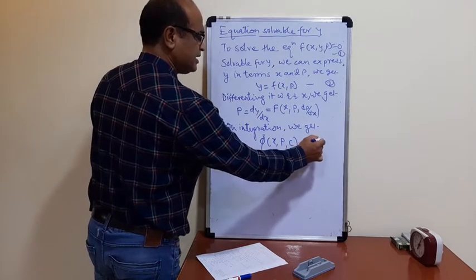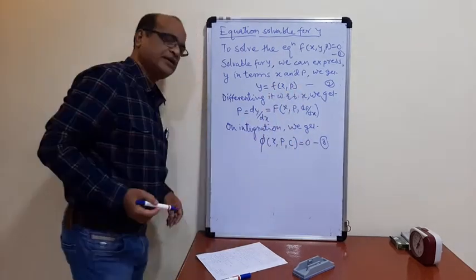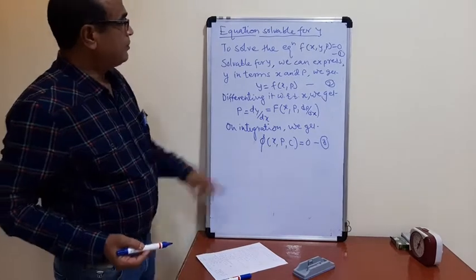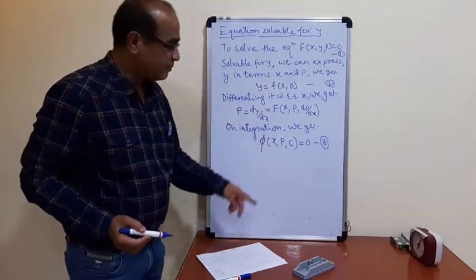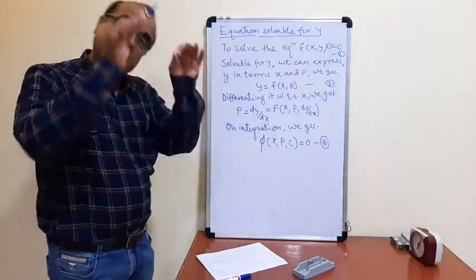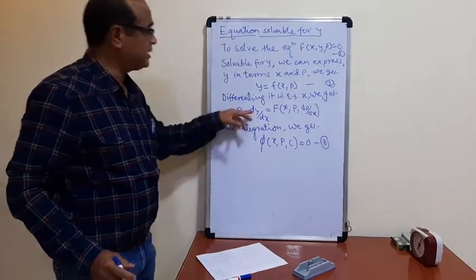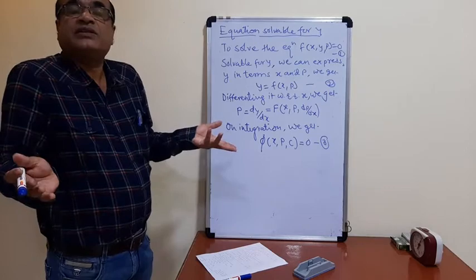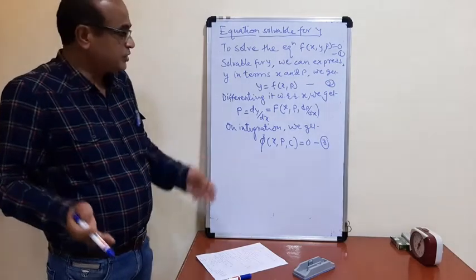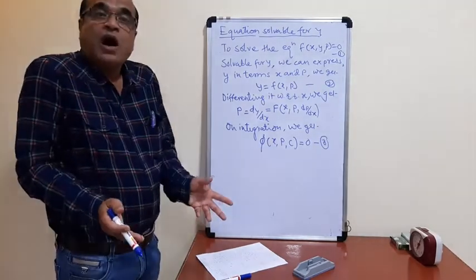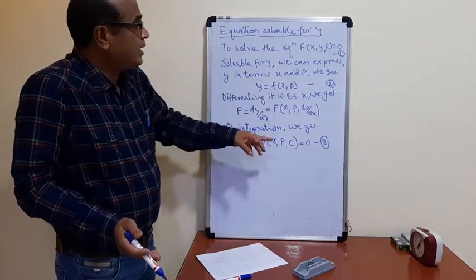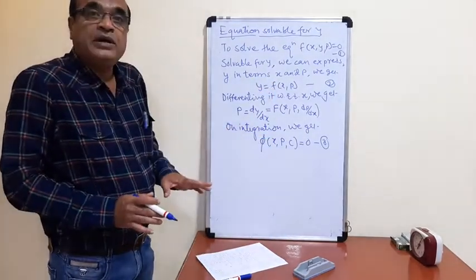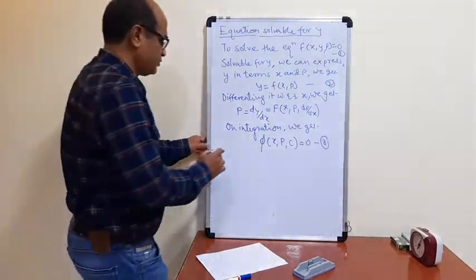So this is equation number 3. After solving this, we get this solution here, but p is there. We remove p because p is dy by dx. So to obtain the solution, how can we remove p? We eliminate p from equations 2 and 3.